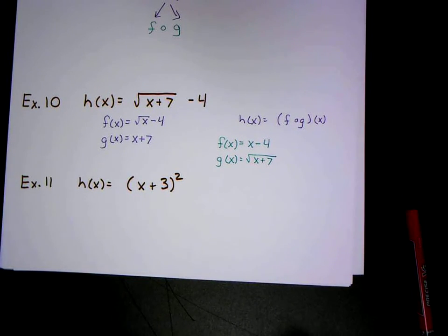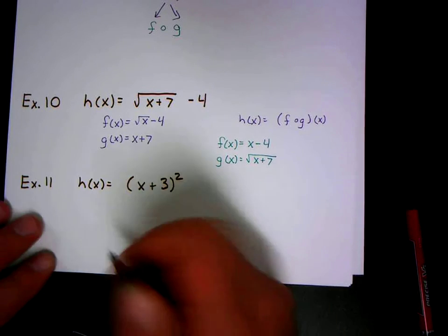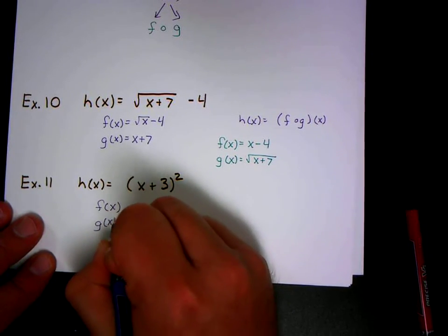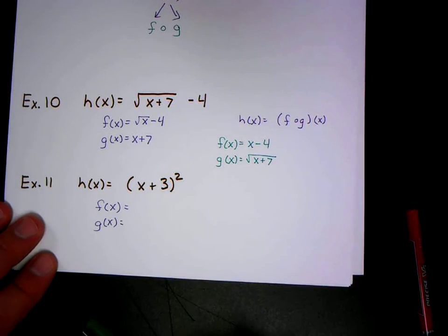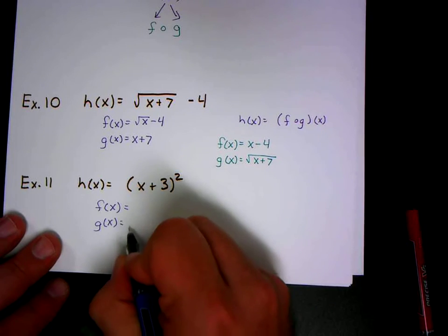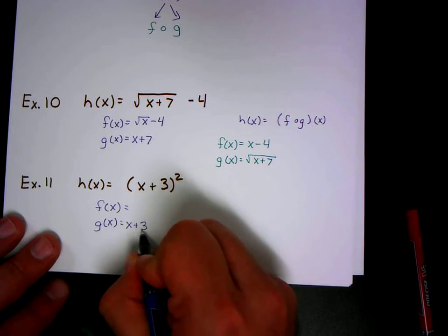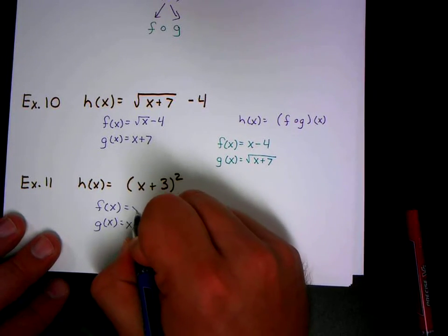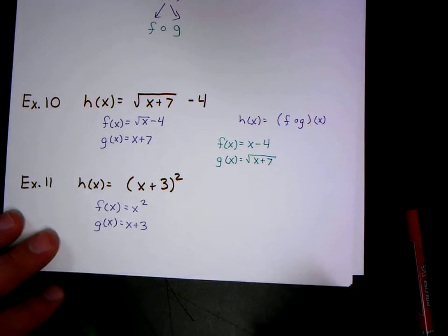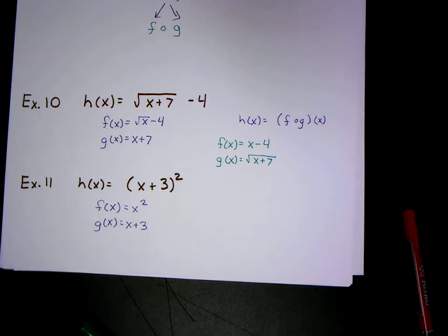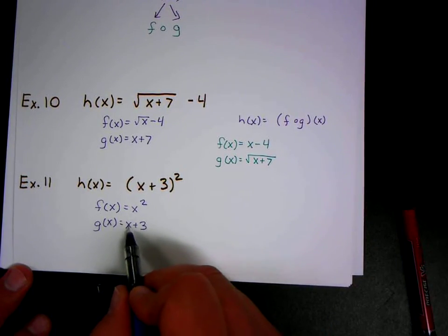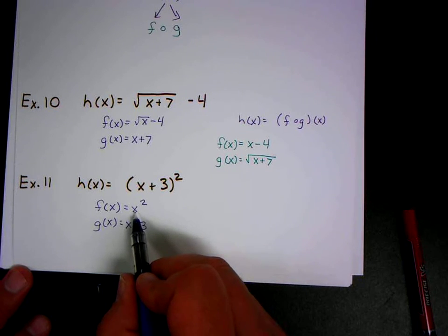Okay, so like on example 11. So what would your inside function be? X plus 3. This one's pretty much, you know, you don't have any real choices on that one. So see, on this one, if you took this and inserted it in here for x, you would get that.